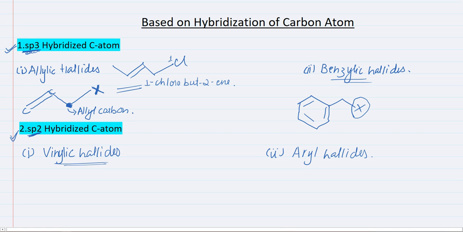If you have the halogen atom bonded to sp2 hybridized carbon atom of an aliphatic compound, so this is your structure.